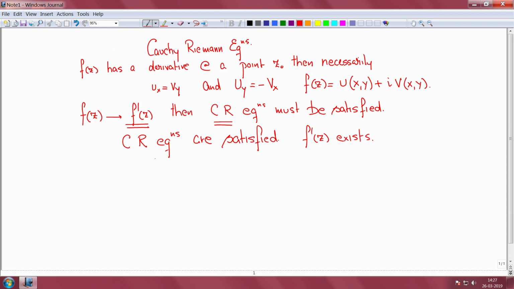In addition to the CR equations, if the partial derivatives u_x, v_x, u_y and v_y are continuous, then f dash of z exists.